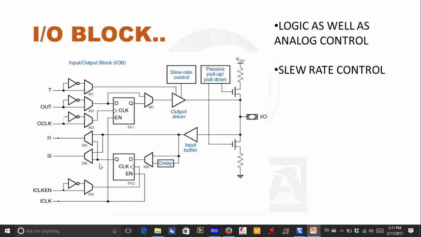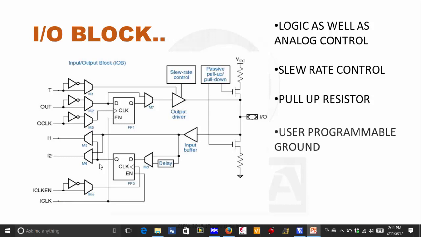The rise and fall time can be set to be fast or slow by this control pin. Second is the pull-up resistor. The pull-up resistor prevents output pins from floating when the CPLD is powered up. Third is user programmable ground. This feature doesn't ground the signal pin, but it reallocates an I/O pin to be a ground pin.